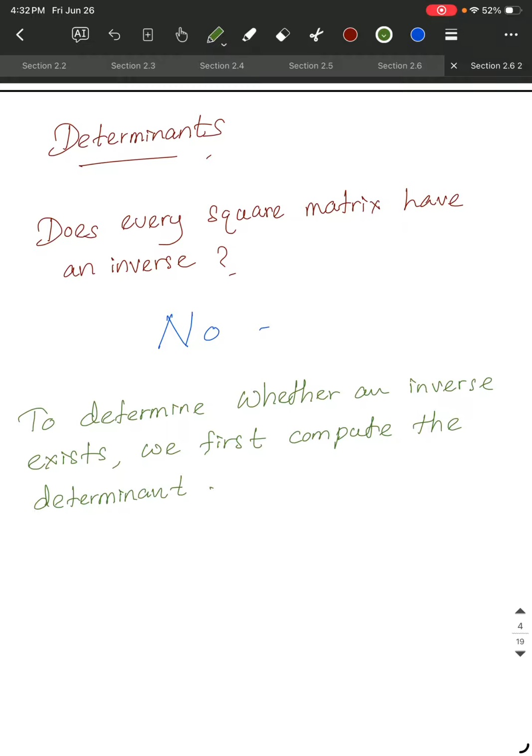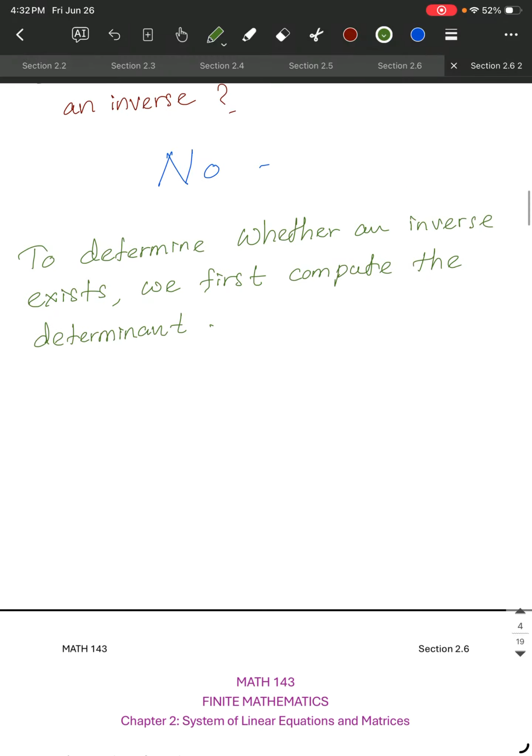Let's start with the determinant of a 2 by 2 matrix.